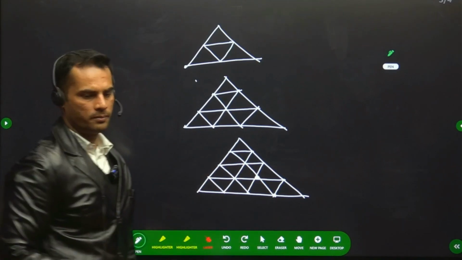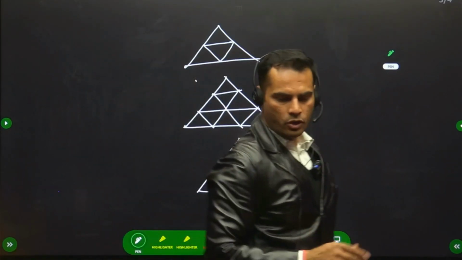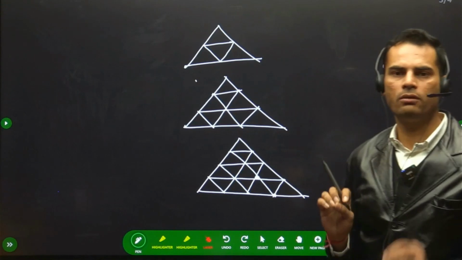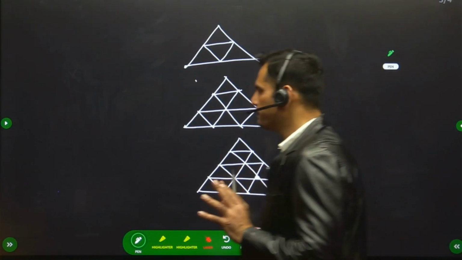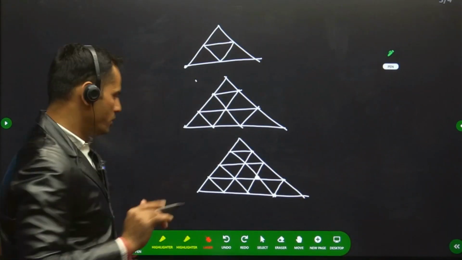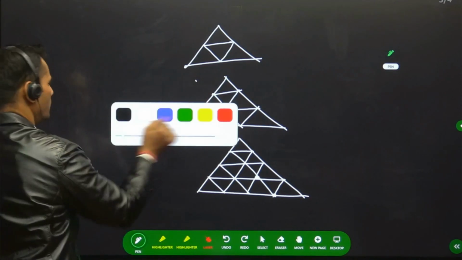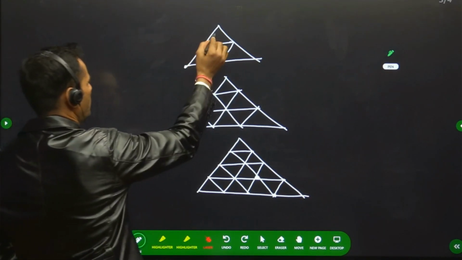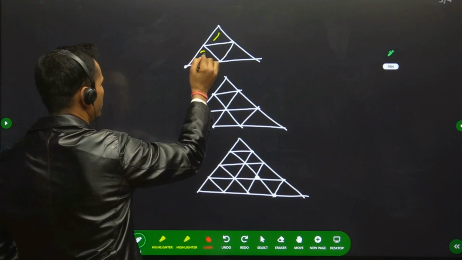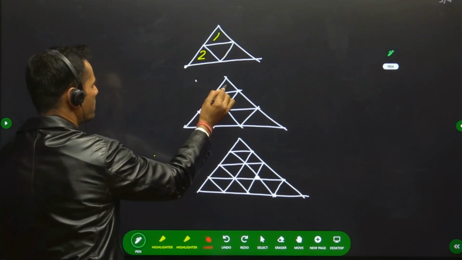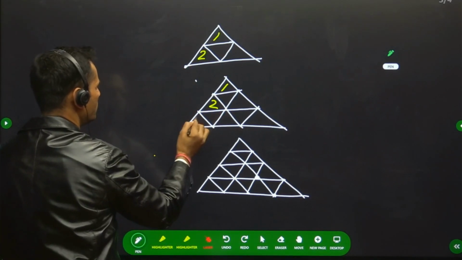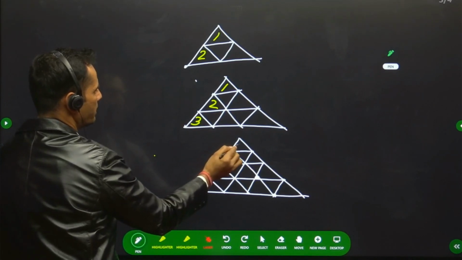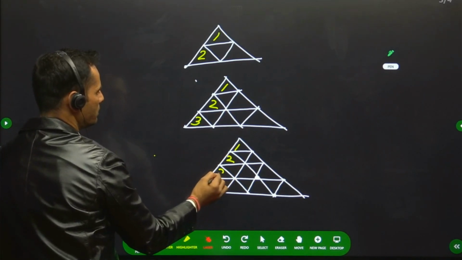This is the problem. Now what we have to do, please pay your full attention, full concentration. What I am teaching you: you just mark the corner triangles 1 and 2. Mark the corner triangles 1, 2, 3. Mark the corner triangles 1, 2, 3, 4.